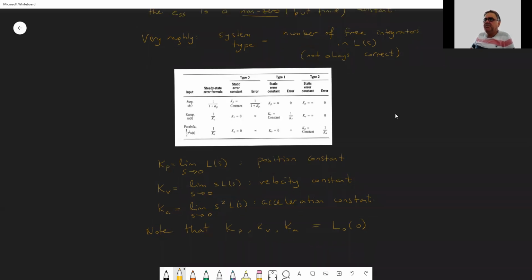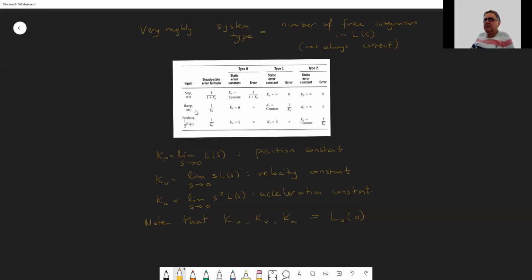For ramp input, like let's say t times u(t), the steady state error for a type 0 system would be... sorry, it would be infinite. This is again confusing. But these are the important things you have to remember.